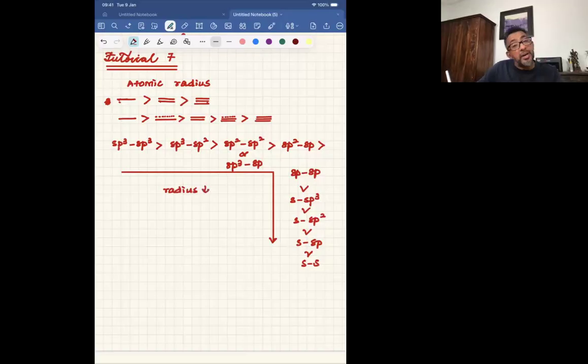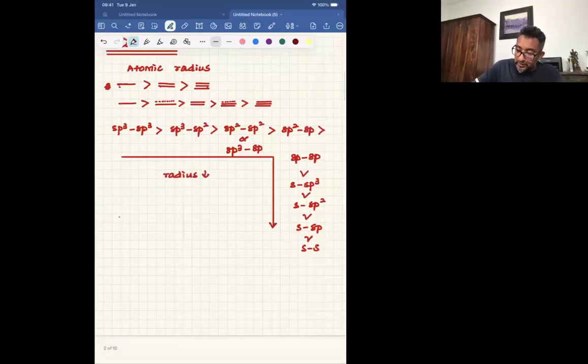And if the hybridization is the same, then what is the next thing that you look at? If the hybridization is the same, then you look at the bond order. Bond order is the average number of bonds, the number of bonds divided by the number of surrounding atoms.